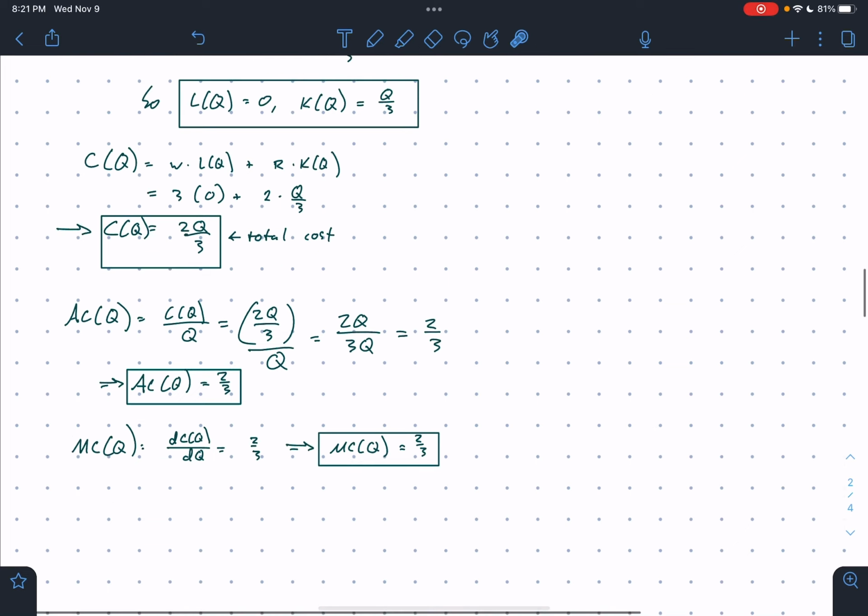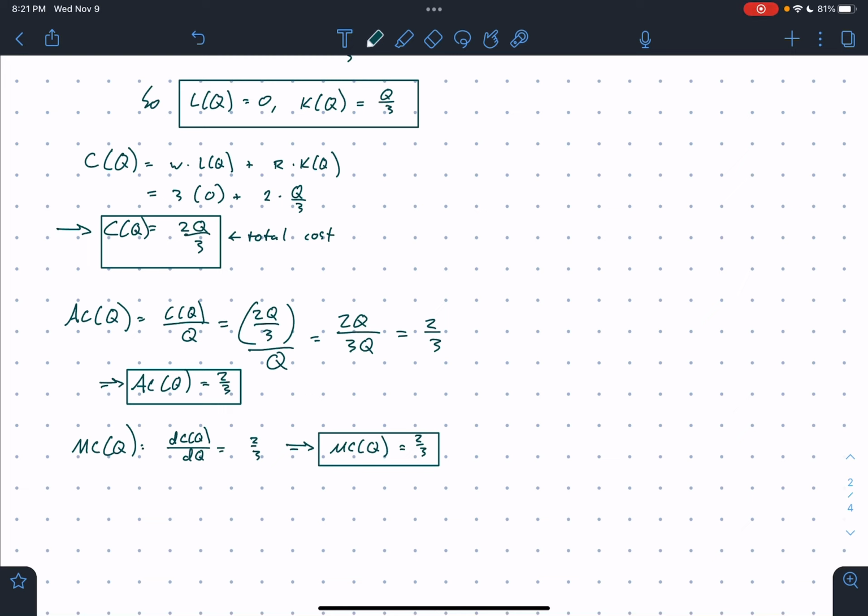Then, based on the cost function, we found the average cost, where we just divide the cost by Q, and the marginal cost, where we just take the derivative of C with respect to Q. Now, in this case, the average cost is equal to the marginal cost, and that's because the total cost is a linear function of Q. So the derivative is equal to the average cost, but that's not necessarily always true. But it worked out that way in this one.